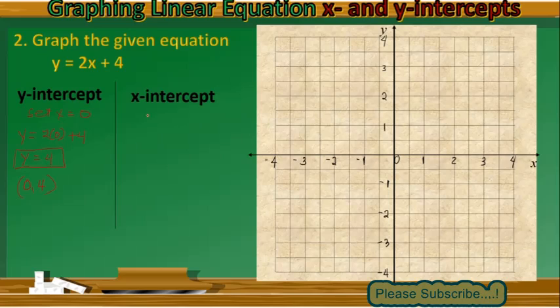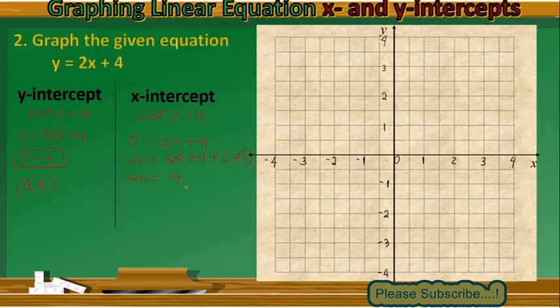Then to find the x-intercept, we set y to 0. From the given equation, 0 equals 2x plus 4. Applying the addition property of equality, we add the opposite of 2x, that is negative 2x, on both sides. Simplifying, negative 2x equals, this cancels out, and the remaining is 4.